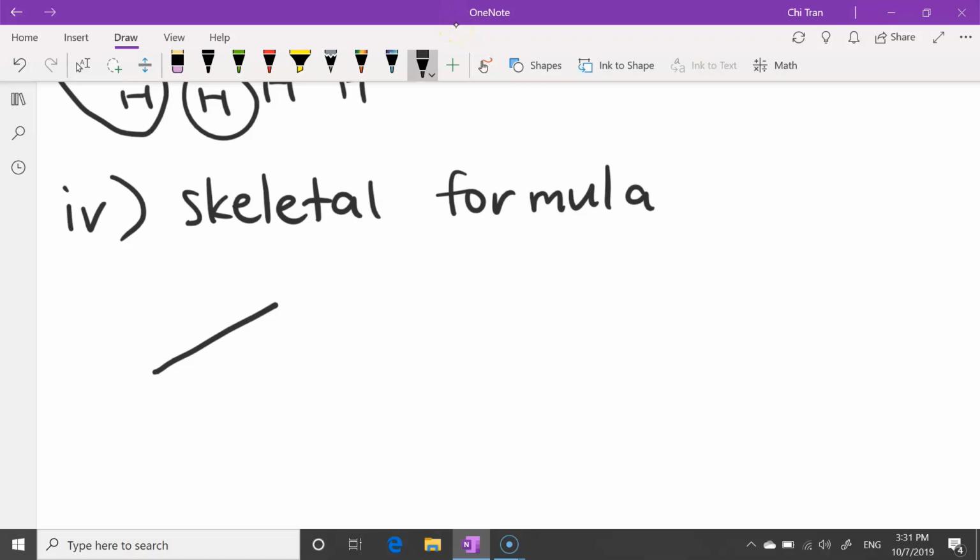So because there's 4 carbons, we simply need to draw out 3 lines, which has 4 ends or connecting ends. So as it's shown here, to represent 4 carbons. And so the skeletal formula is that.